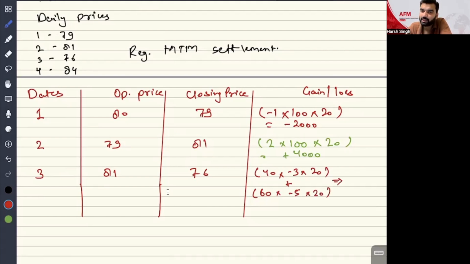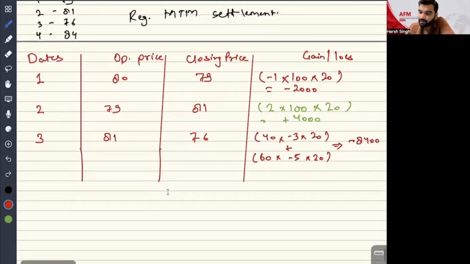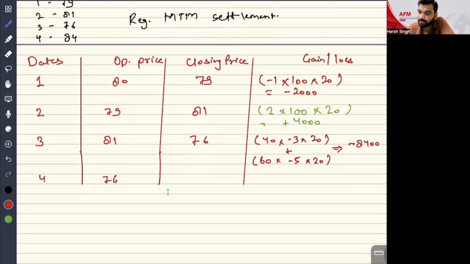So the final value that I'm getting over here is minus 8400.